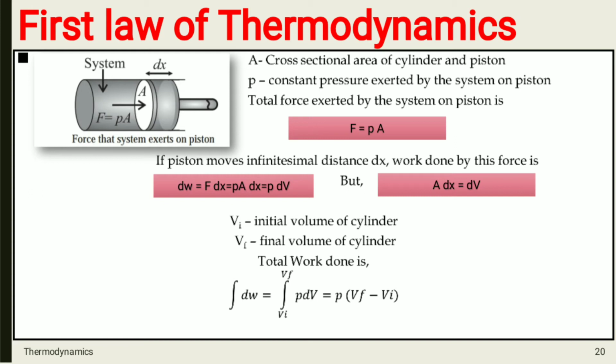So what will happen? Molecules of gas will lose their energy to the piston or the surrounding. So the volume of gas is increasing, but there will not be any addition of external heat or energy to the system.